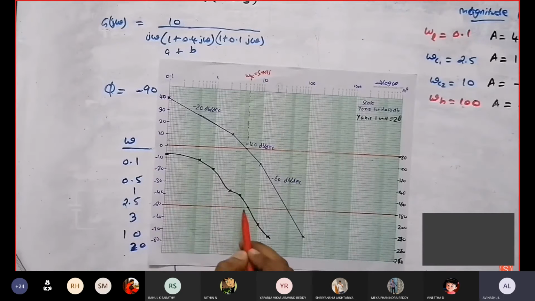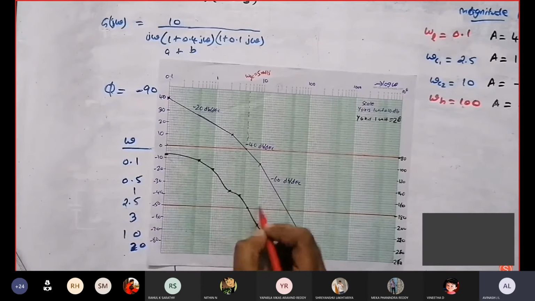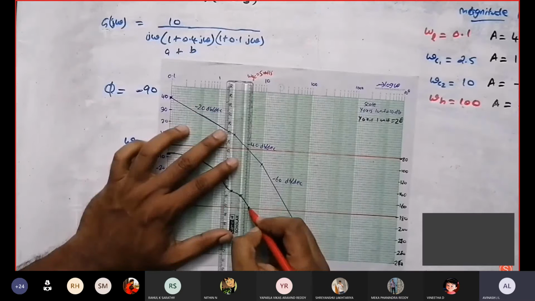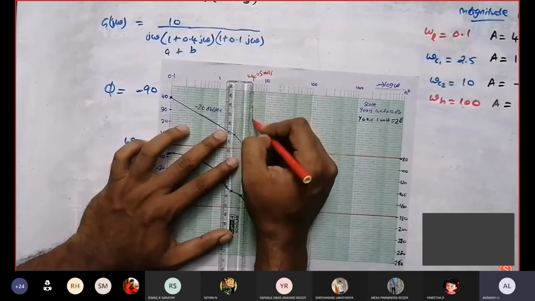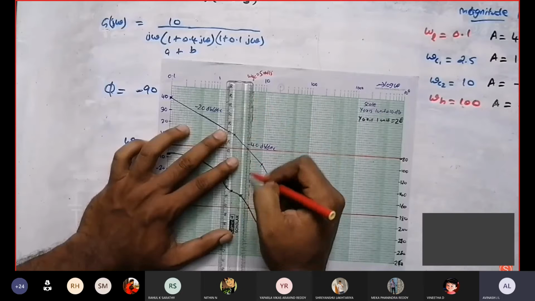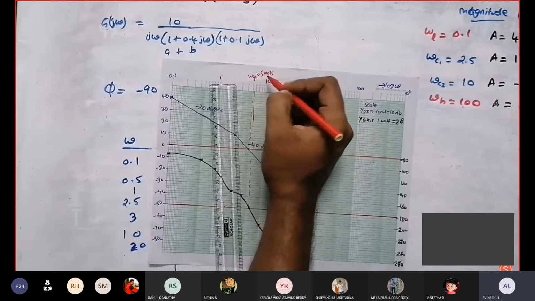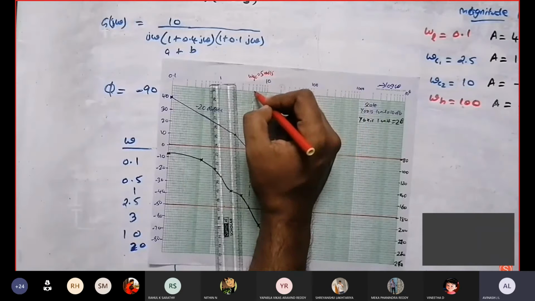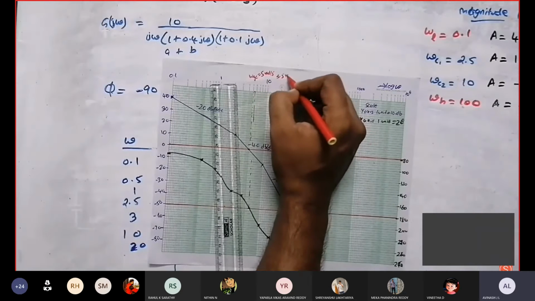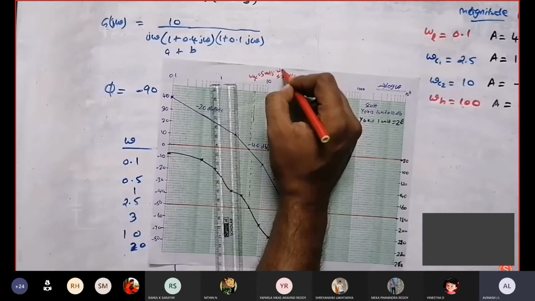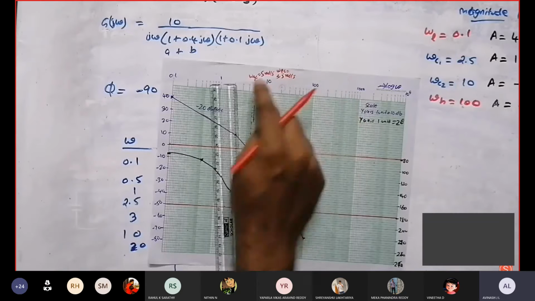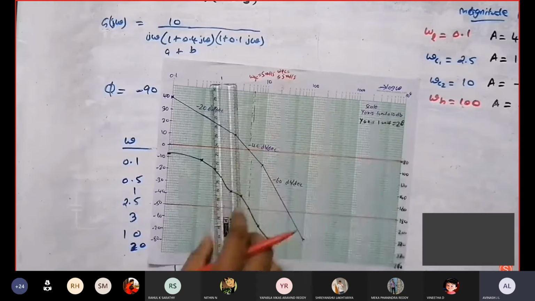Check that point. That point is nearly close to 5, so we can take it as 5.2 or 5.3, or you can take it as 5 also. I'm taking it as between 5 and 6, so 5.5 radian per second. That is my omega PC, the phase crossover frequency. This was my gain crossover frequency, and this is my phase crossover frequency.